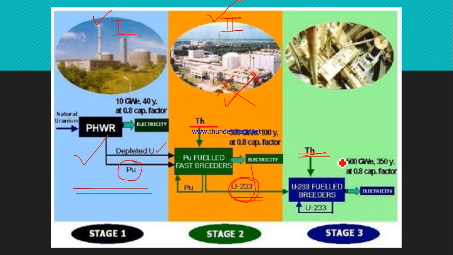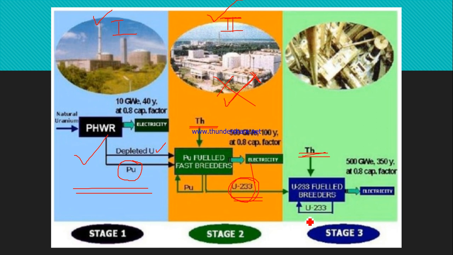That means the quantity of uranium-233 we consume in this thorium reactor, we will regenerate in more quantity than we consume in the fission.